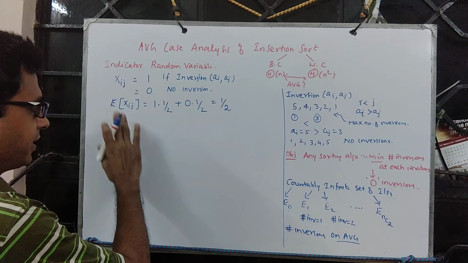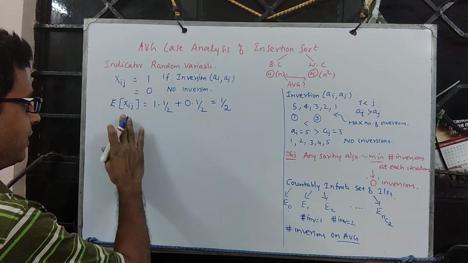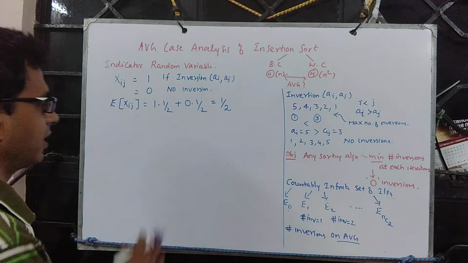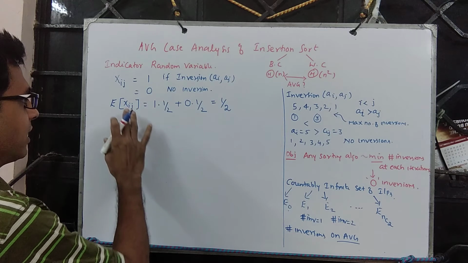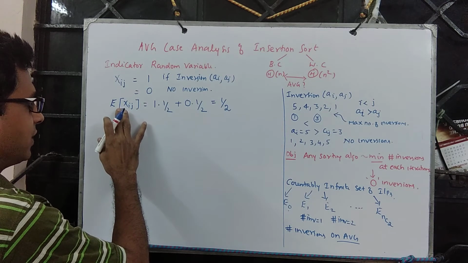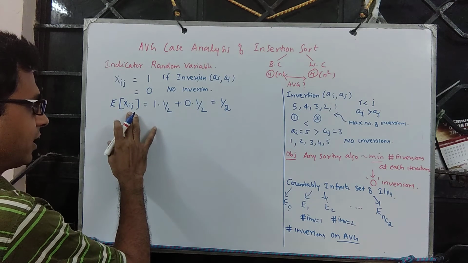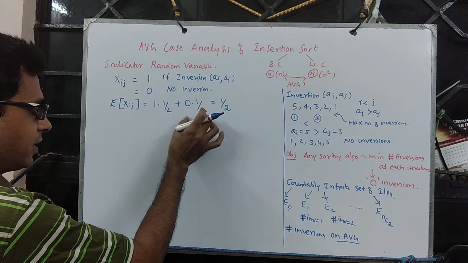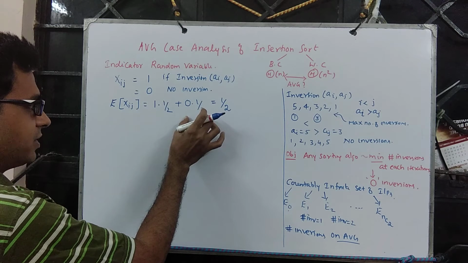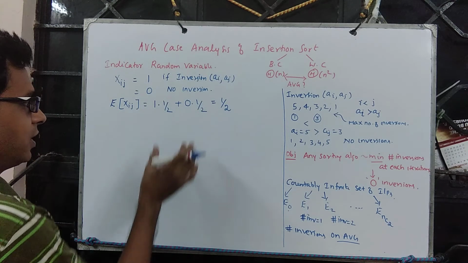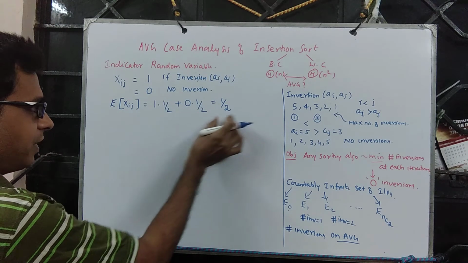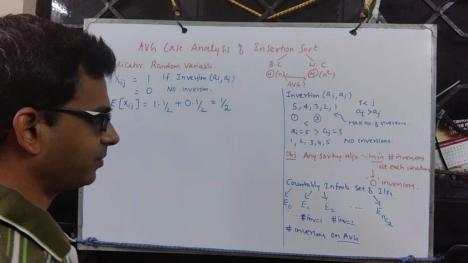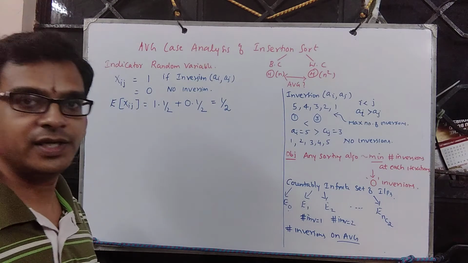On an average, the expected value of the random variable xij shows that we get to see an inversion between i and j with some probability, or there is no inversion between i and j with the remaining probability. So in 50% of the cases we may see an inversion, and in the other 50% of the cases we may not see an inversion.